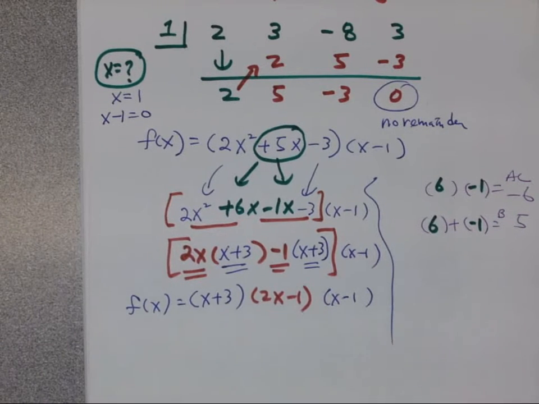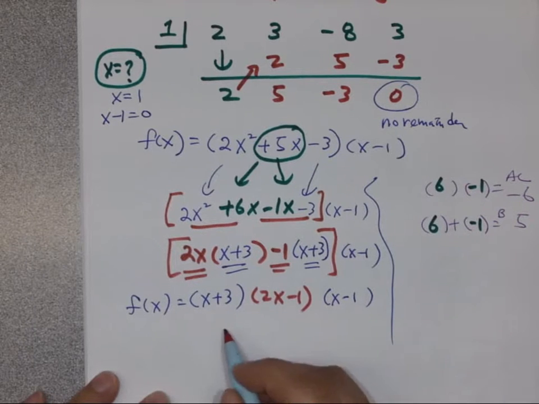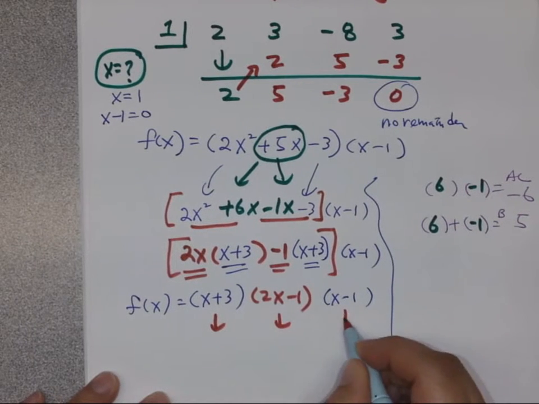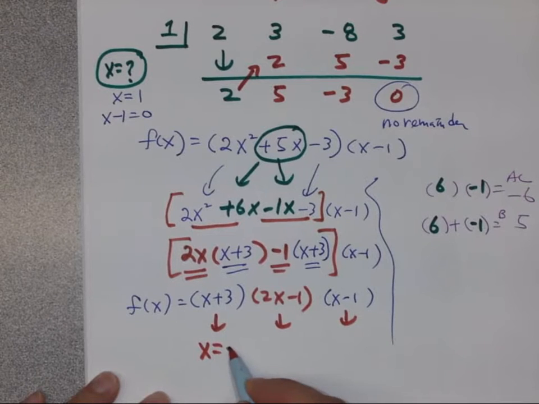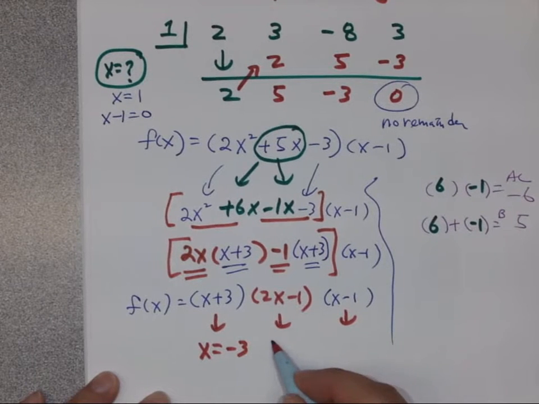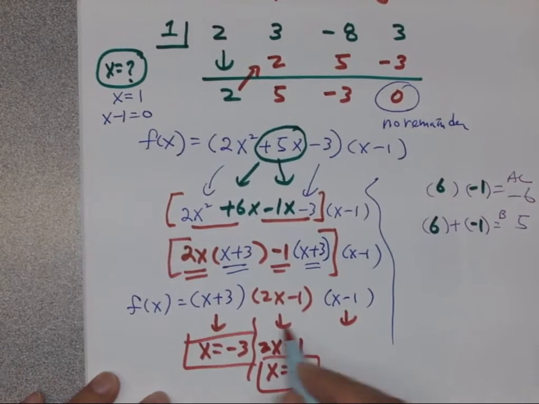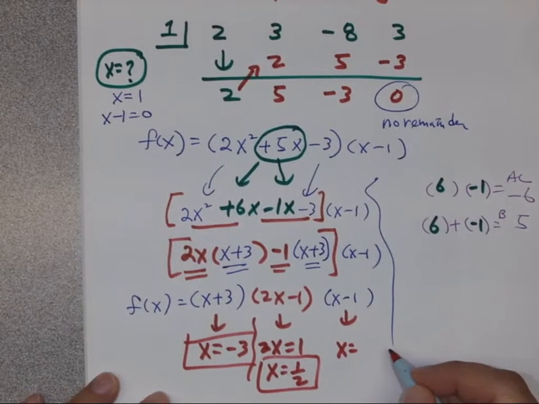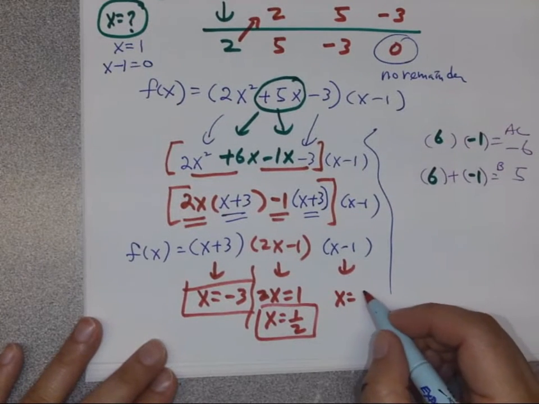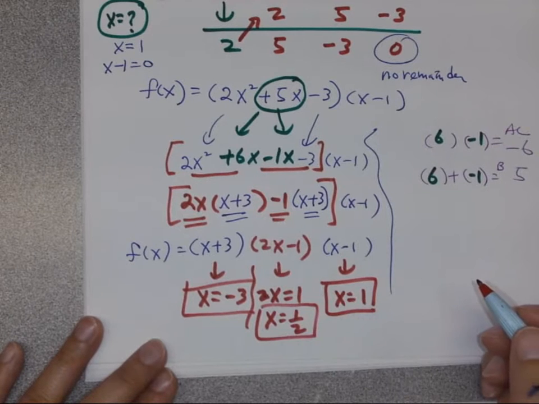And what are the zeros? So all three of them, right? We have x equal to -3. We have x equal to, basically 2x equal to 1, and x equal to 1/2. And then we have x equal to 1. So make sure you give me all three back, okay?